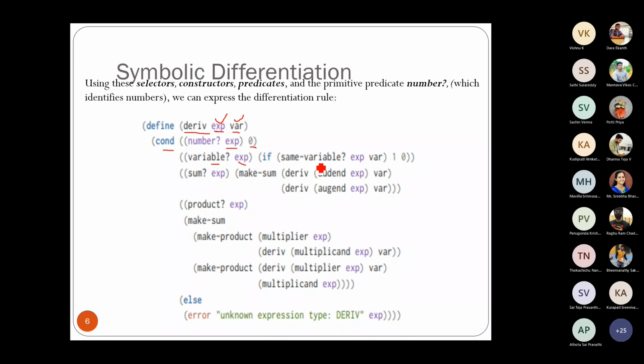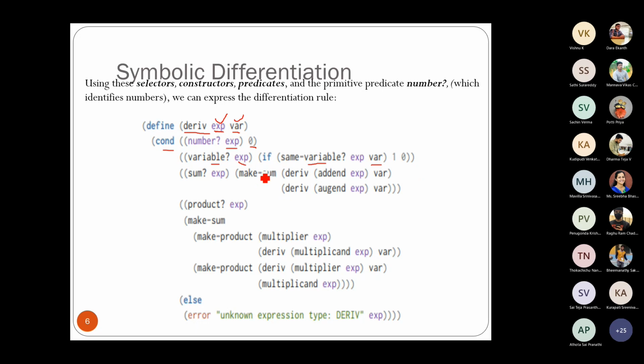So if it is a variable, then we are just checking whether the expression is equivalent to the second operand or not. If both are the same, then return 1, otherwise return 0. Yeah, so dx by dx or dy by dy, right? So both are symbols and both are equal, then return 1, otherwise 0. We can't differentiate, the value is 0.